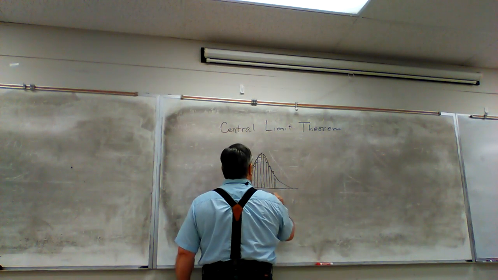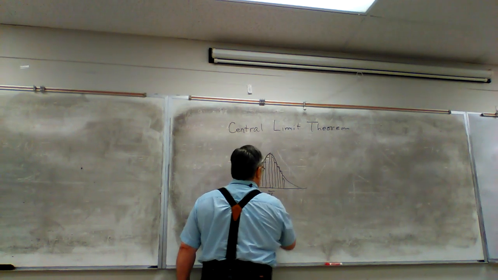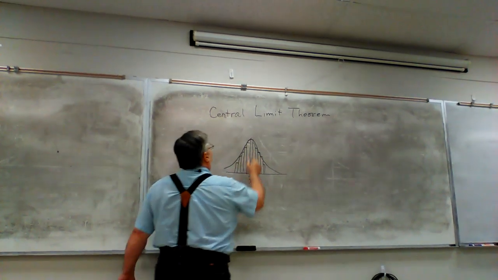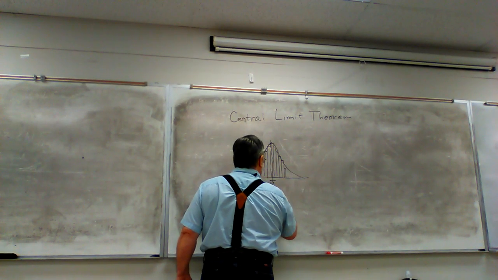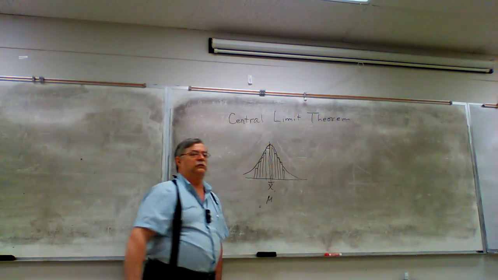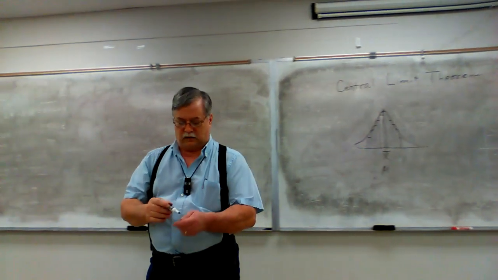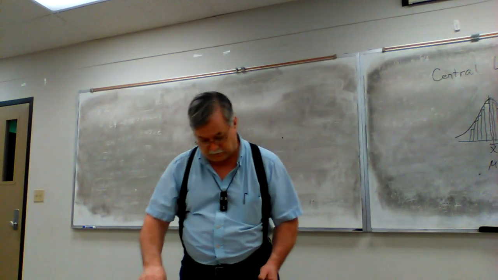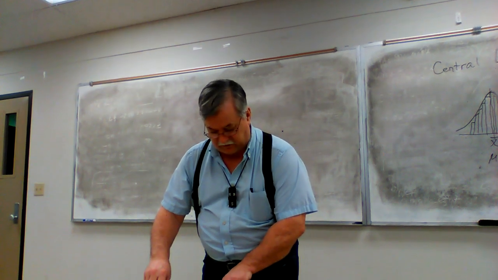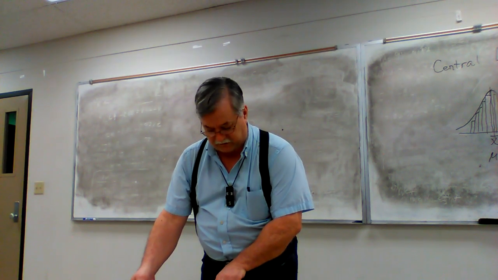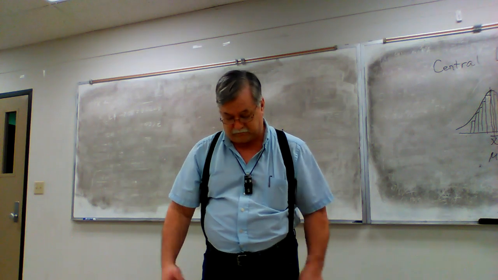And the mean of that distribution would be equal to the mean of the population. In other words, let me just read it. The mean of the sample means will be the same as the population mean.